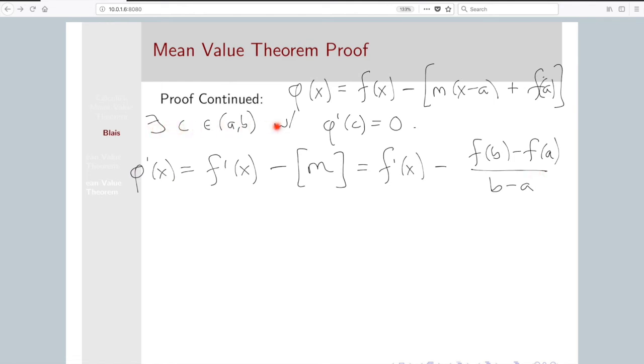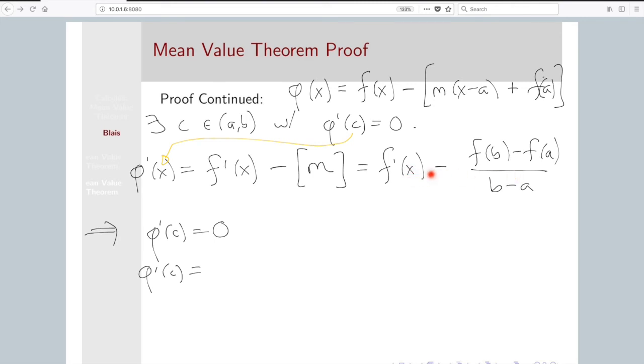Rolle's theorem guarantees us that there's a c in ab such that phi prime of c equals 0, which means we can take this c and plug it into our expression for phi prime. So combining these two means that phi prime of c is 0, but also phi prime of c, we plug in c here.